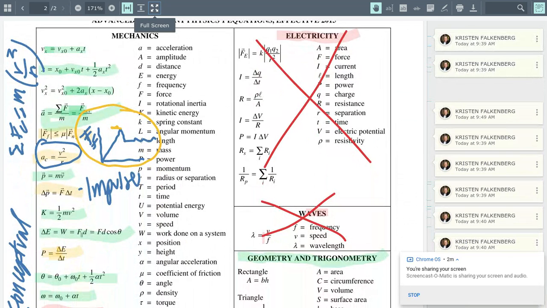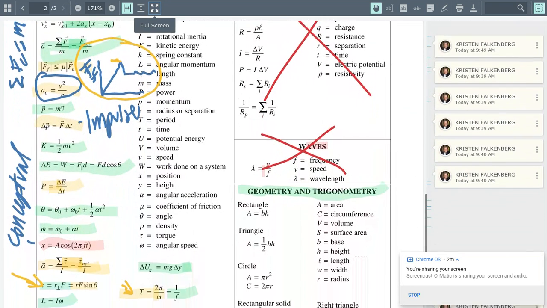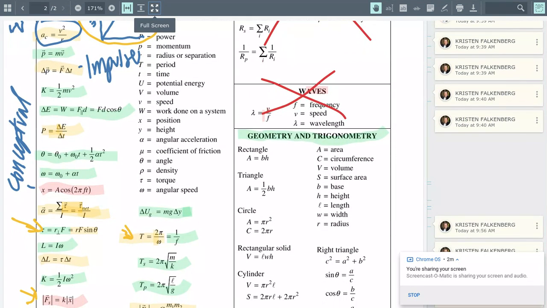Delta p is force times delta t. That is the impulse equation from chapter 7. I apply a force for a period of time, and I change the momentum of the object. So I apply a force with a baseball bat to a baseball, and it changes the baseball's momentum. There are a lot of examples for that, but I hope that helps clarify it.